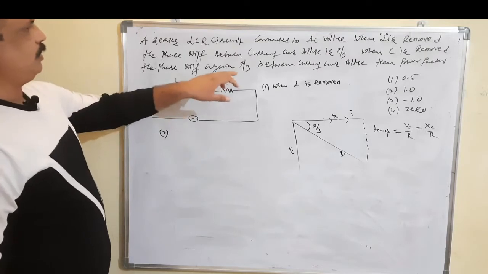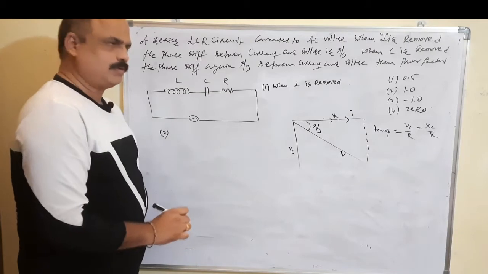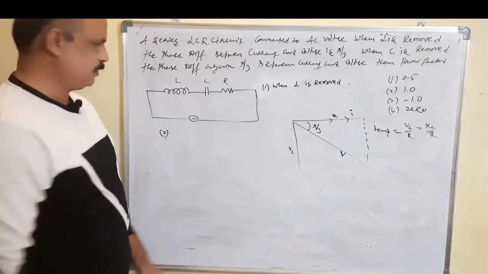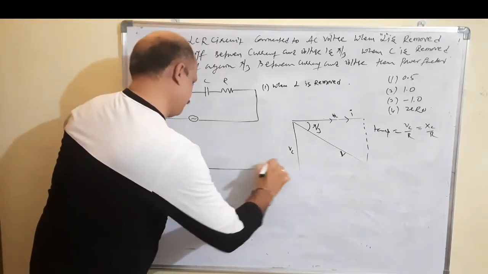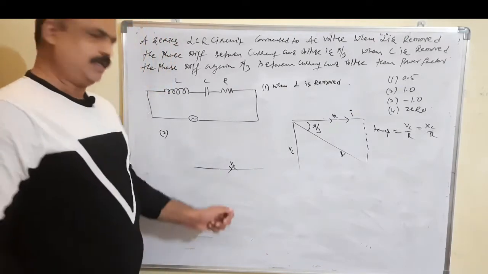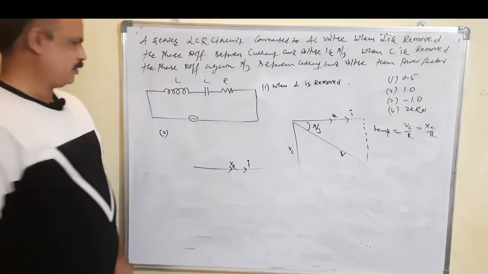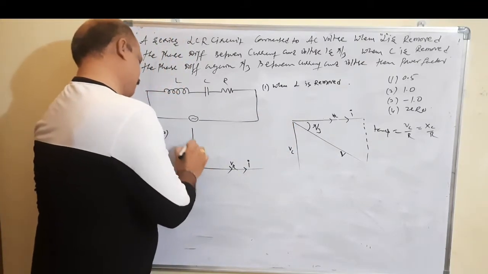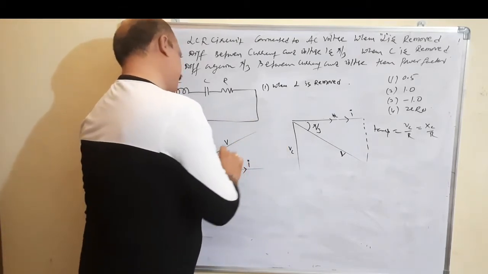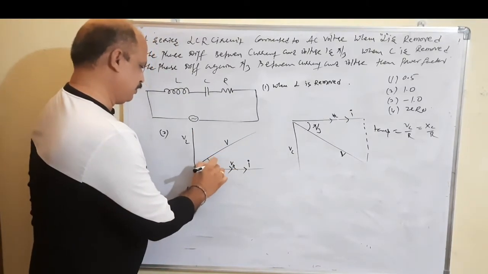Now, when C is removed, only the inductor and resistor are present in the circuit. Then the phasor diagram for the LR circuit: again, the voltage across the resistor and the current are in the same phase. This is the voltage across the inductor VL, and this is the resultant EMF, and the angle between the total EMF and current is again pi by 3.